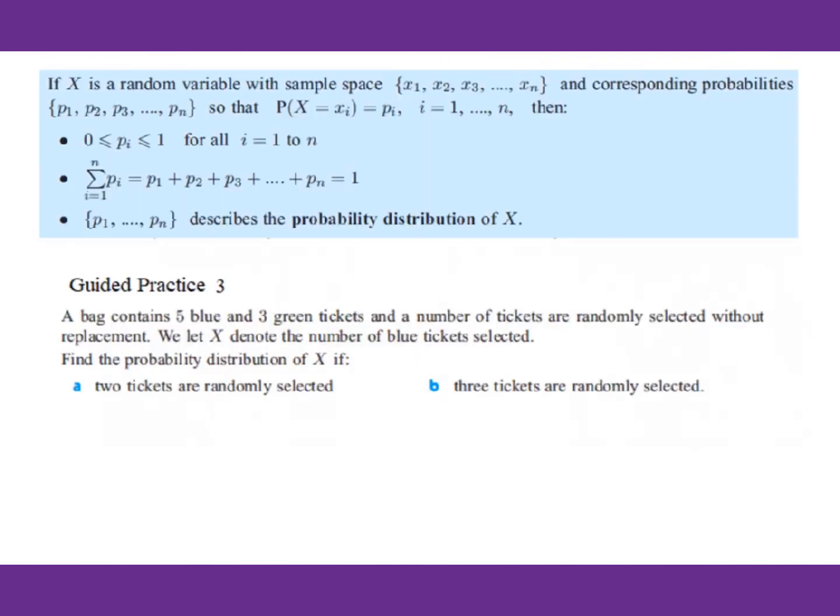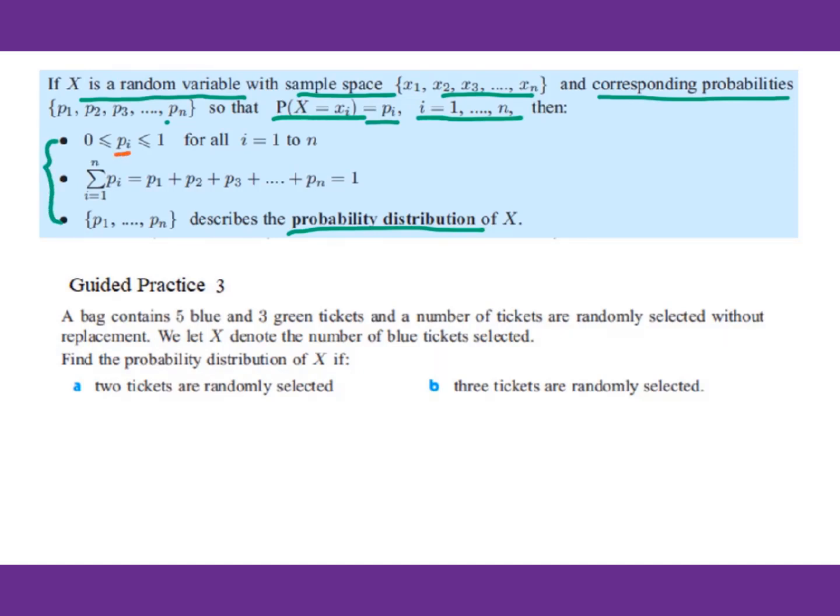Now let's talk about probability distribution. If X is a random variable with sample space x1 until xn, and a corresponding probability p1 until pn, so that the probability X equals xi equals pi, when i equals 1 through n, then here's the rule.